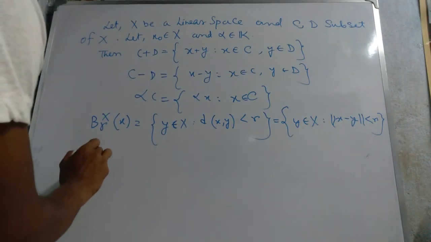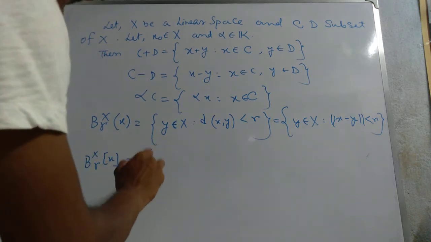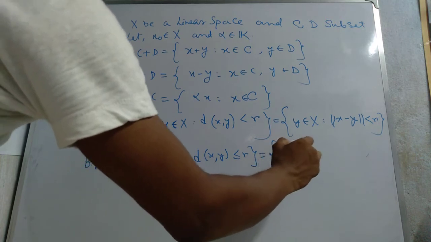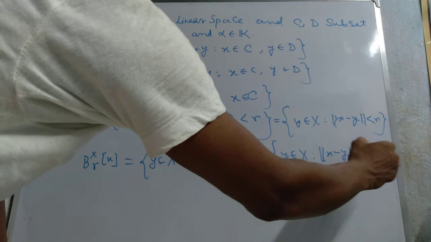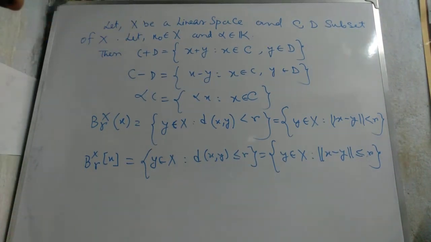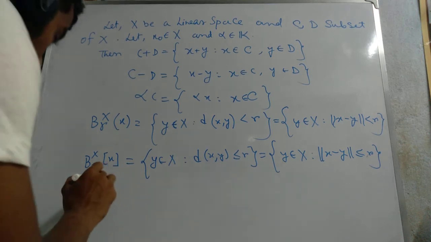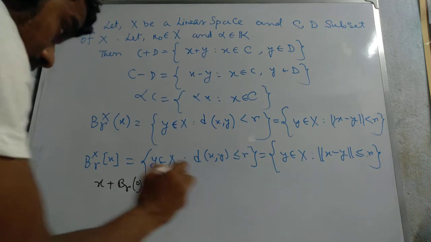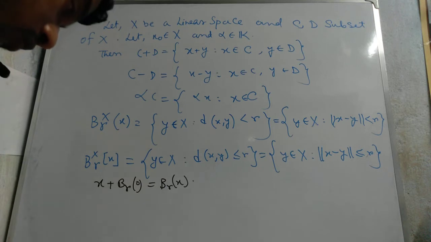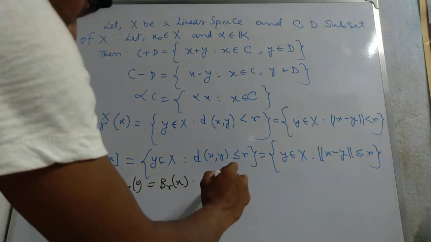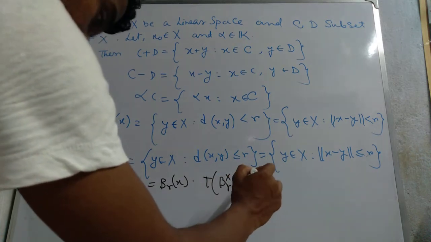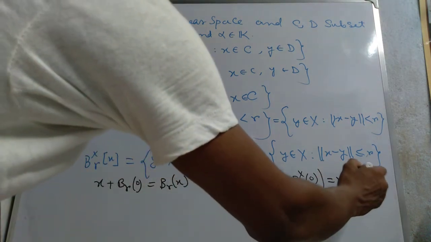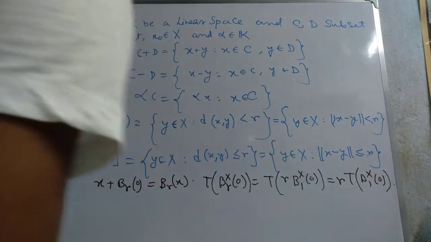Here the closed ball B_r[x] means those y such that d(x,y) ≤ r, equal to {y belongs to X such that norm of x − y ≤ r}. Also another result: x + B_r(0) = B_r(x). And if T is linear, then T(B_r(x0)) = r T(B_1(x0)).